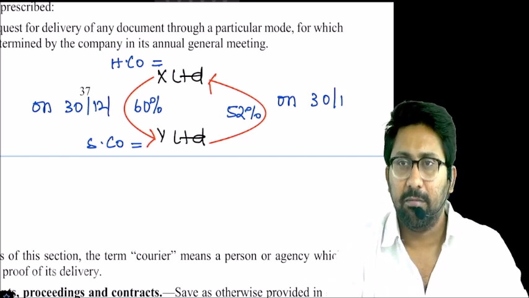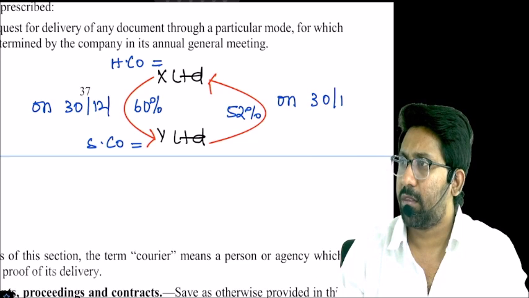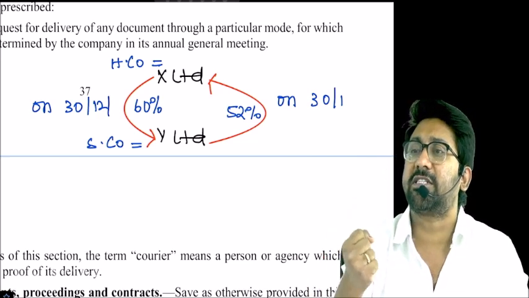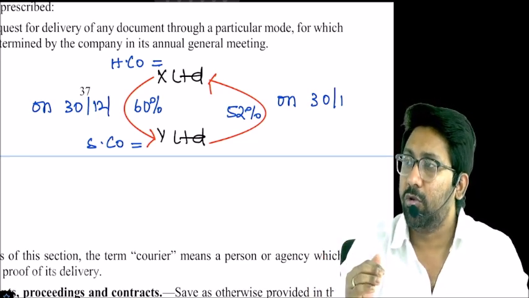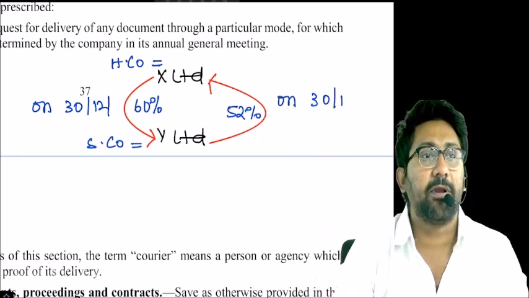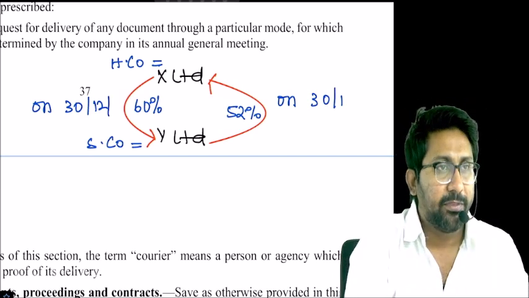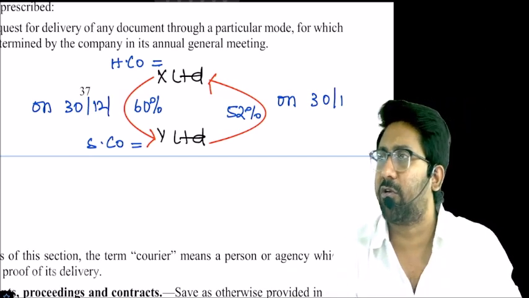That company is holding, this company is a subsidiary. Once after getting the status of a subsidiary, you cannot again hold the shares in its holding company. It is strictly prohibited.